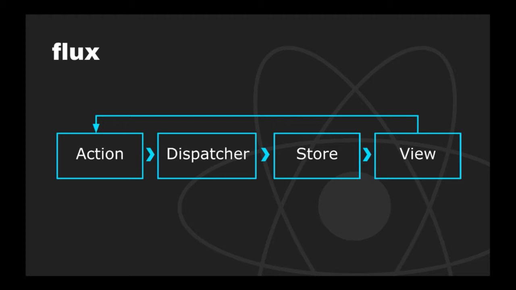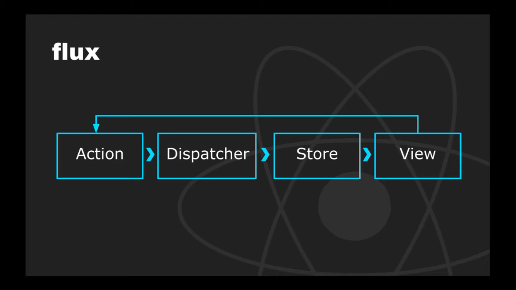So we have Flux. Flux is mainly an architecture. We are always going to find this chart, this diagram about how Flux works. It doesn't say much by simply looking at the diagram, which should be explaining itself, but it's not completely understandable just by the first look.